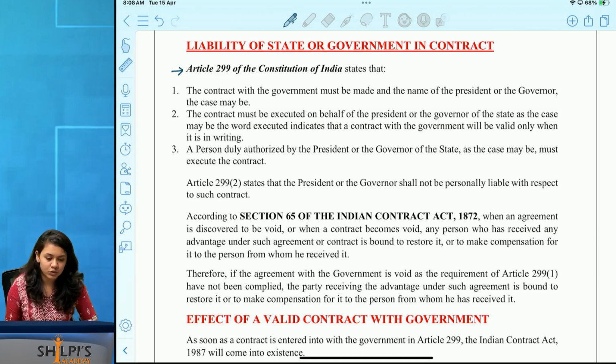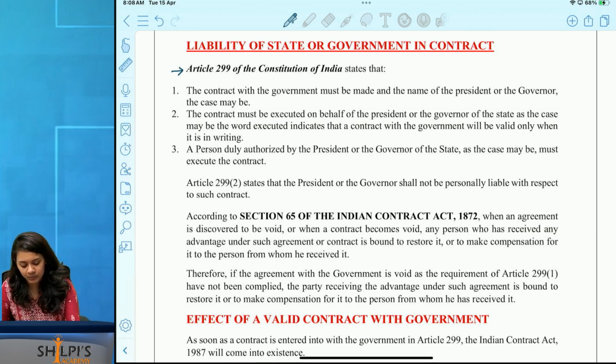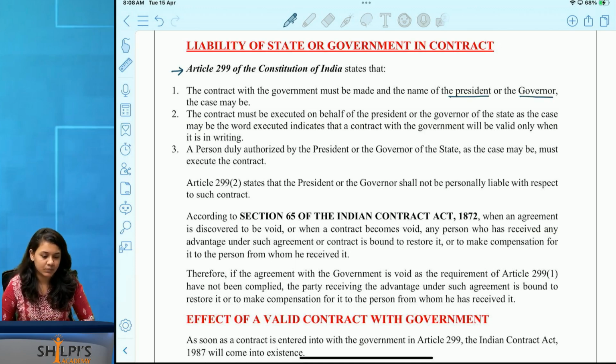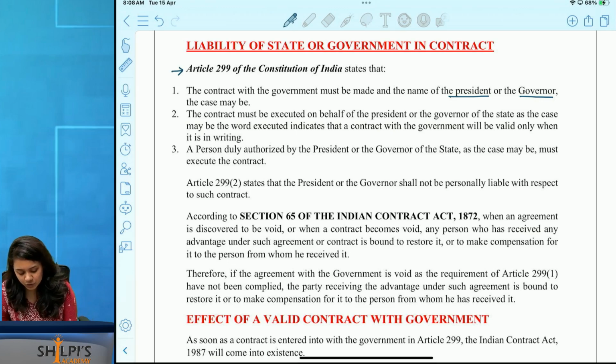The provision says that any contract with the Government of India must be made in the name of the President or the Governor, as the case may be. So, this does allow the government to enter into contracts with persons, but it must be done in the name of the President or the Governor, and the contract must be executed on behalf of the President or Governor of the state, as the case may be.